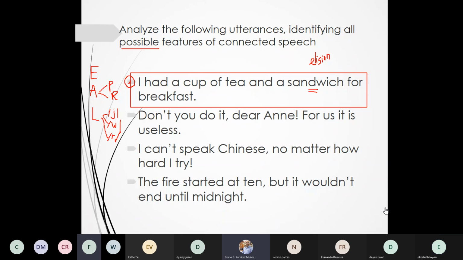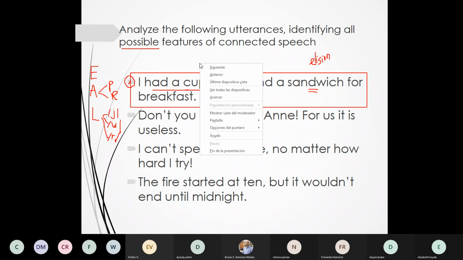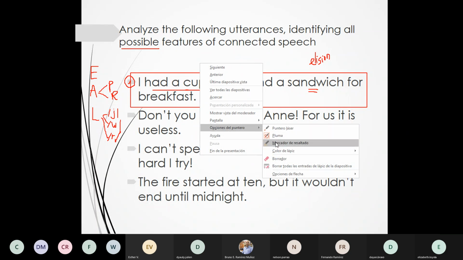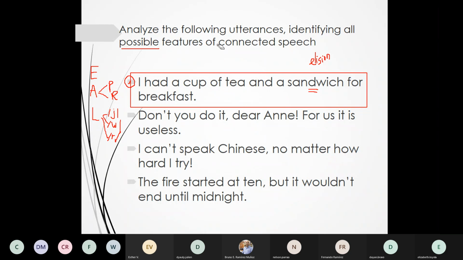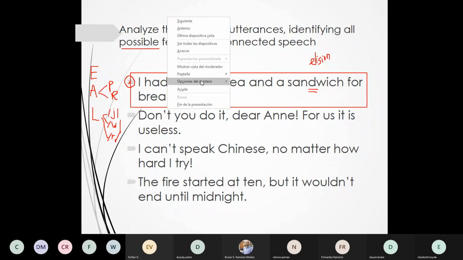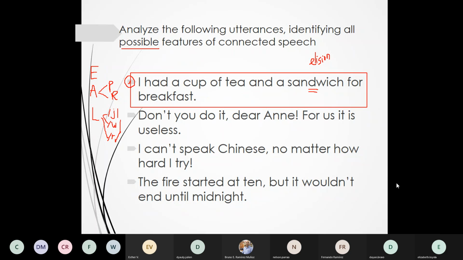In cup of tea. Okay, so cup of tea. Can you be more specific? Can you walk me through so I can write whatever you're saying right here?